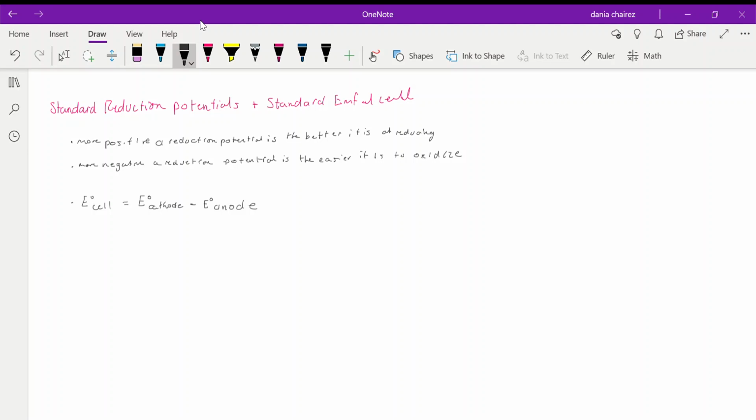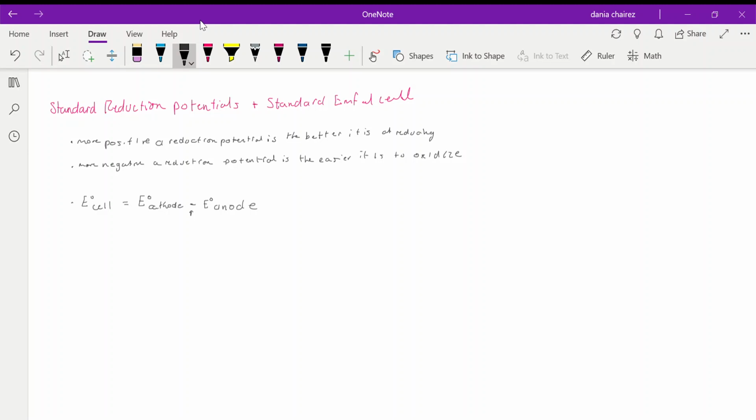But while using this formula, the negative sign already flips it for you, so you don't have to change it at all. And I know there's another formula where it's E of reduction plus E of oxidation equals E cell. Just forget that that formula exists. Just use the minus one because it does the flipping of the sign for you, and you don't have to change anything on the table. You just get your math done and over with.